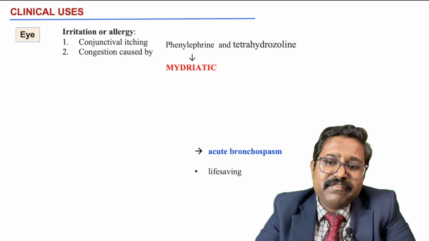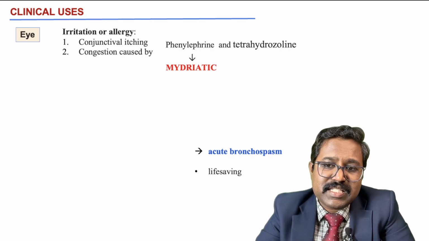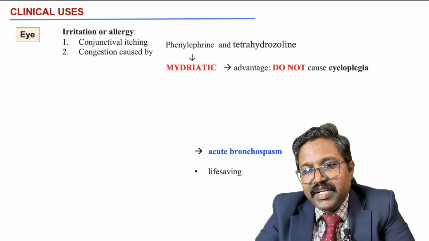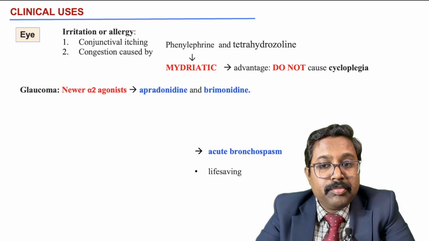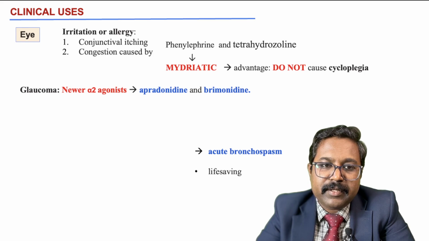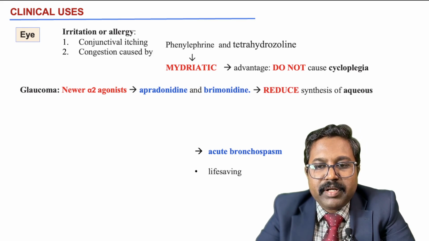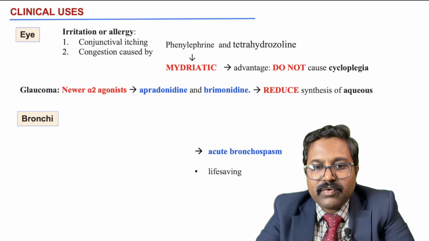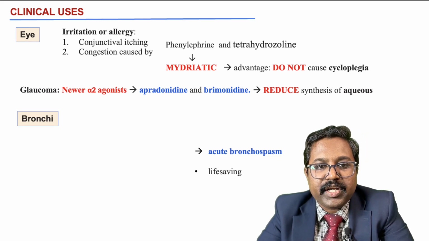Apart from that, phenylephrine is used as a mydriatic agent. The advantage is they do not cause cycloplegia, and the newer alpha 2 agonists can be used in the treatment of glaucoma, like apraclonidine and brimonidine. Apraclonidine and brimonidine reduce the synthesis of the aqueous humor, thereby reducing the intraocular pressure.